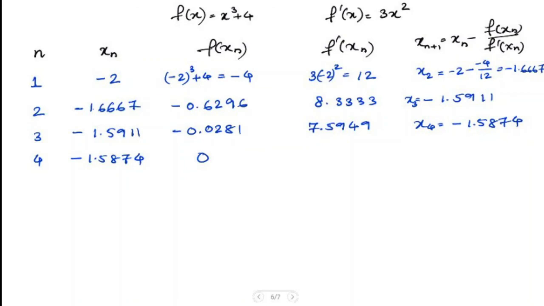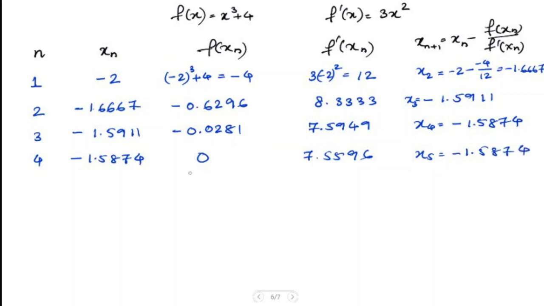And then f dash xn is equal to 7.5596. And here we have x5 equal to -1.5874.